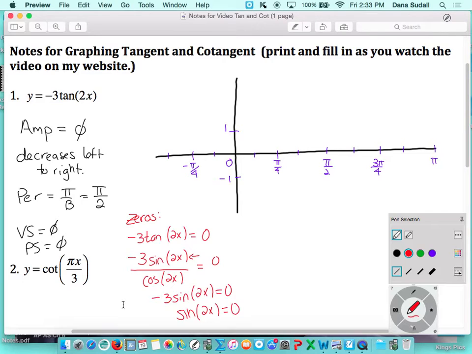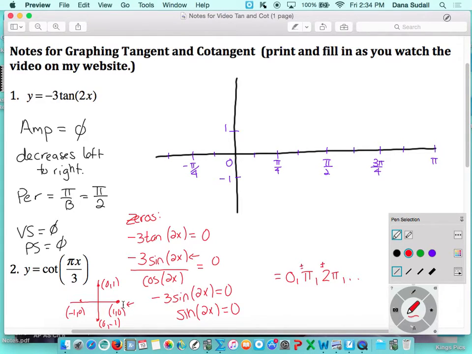Then using your unit circle, we're looking to see where the sine is equal to 0. On the unit circle, the coordinates of those points are (1, 0), (0, 1), (-1, 0), (0, -1). The sine, remember, is the y coordinate. So this happens when your angle is at 0, all the way around at pi, where the y coordinate is 0, to 2pi, and so on.